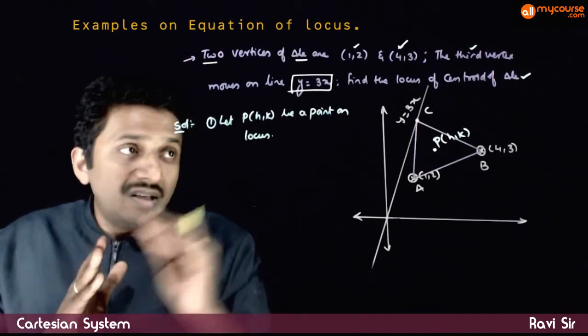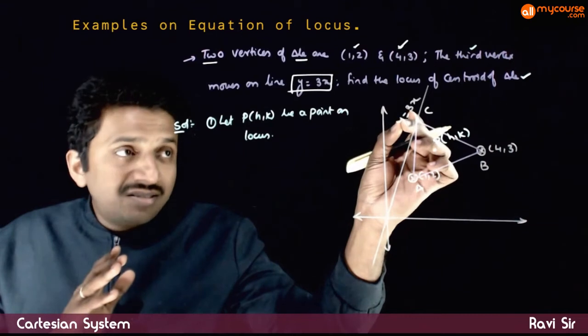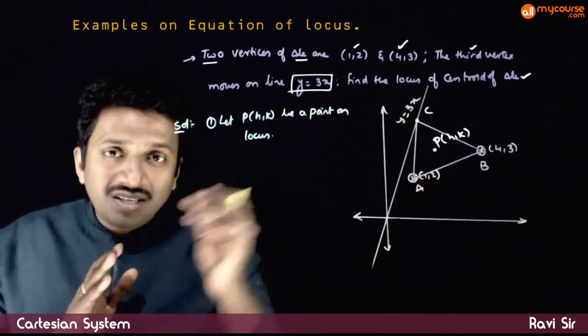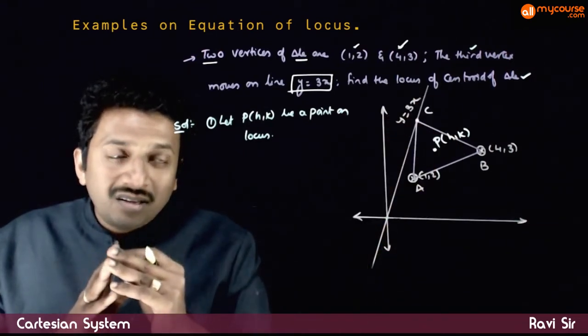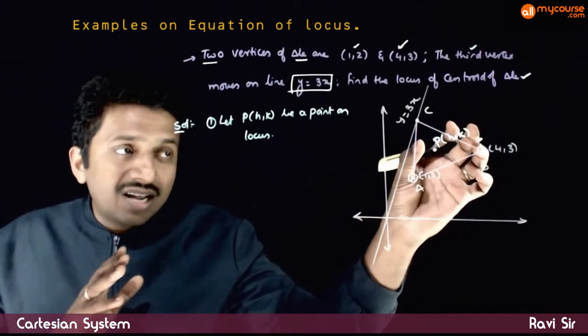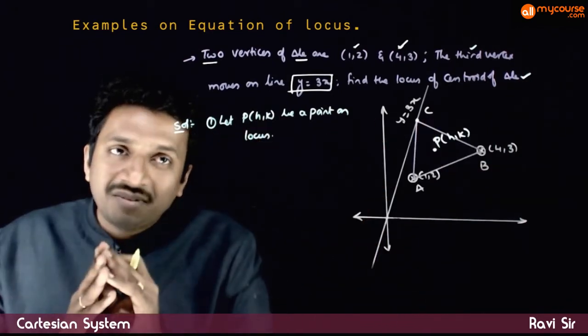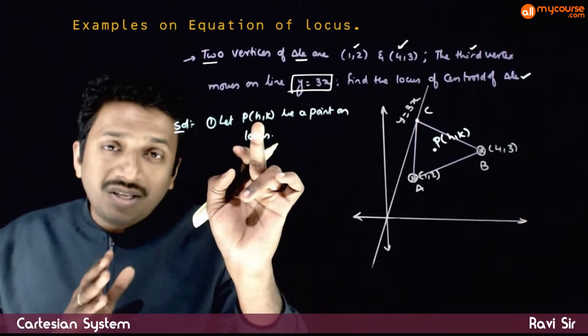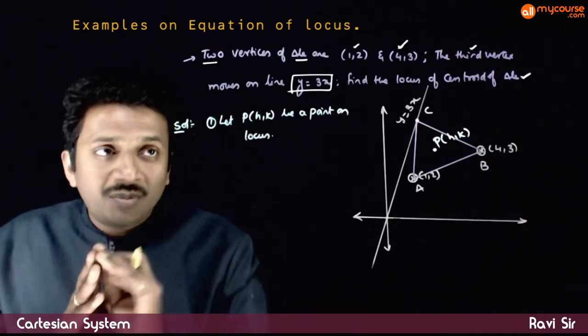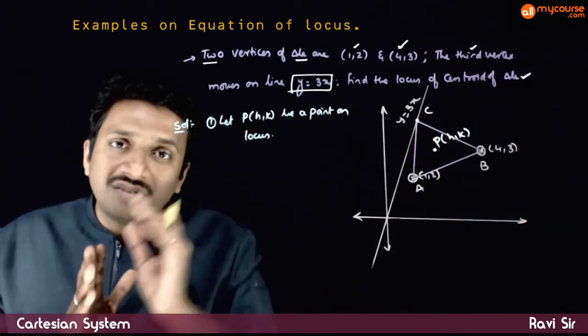Now, as you can see, the position of C is changing. If you want to construct the condition on h, k, we know the condition satisfied by h, k: it is the centroid of this triangle.